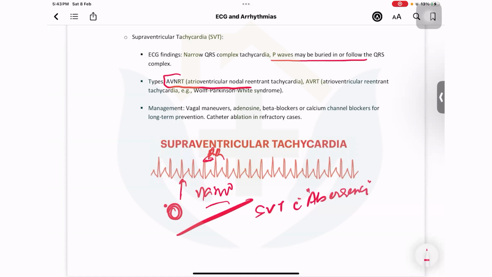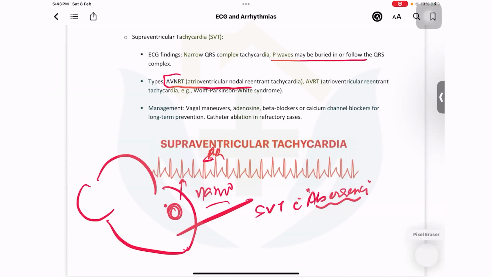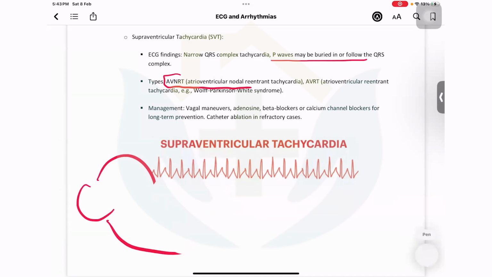What is the word aberrancy? Aberrancy means that it is not a normal pathway through which things are being conducted. And the disease is known as WPW syndrome. So what happens is, here is the AV node, here is the SA node, and this is the His bundle.